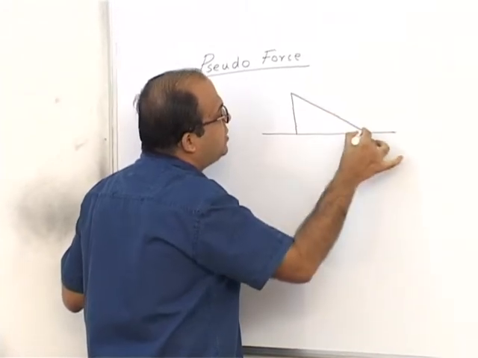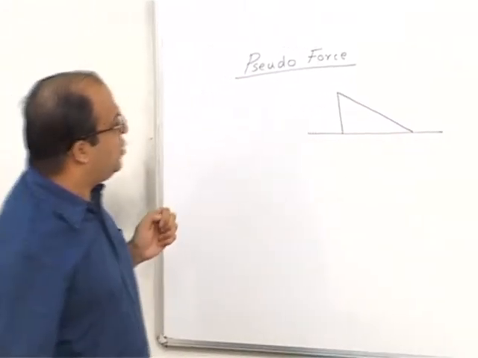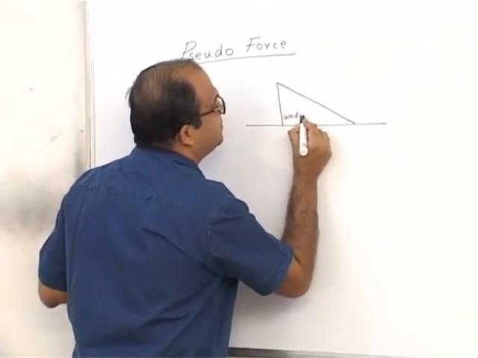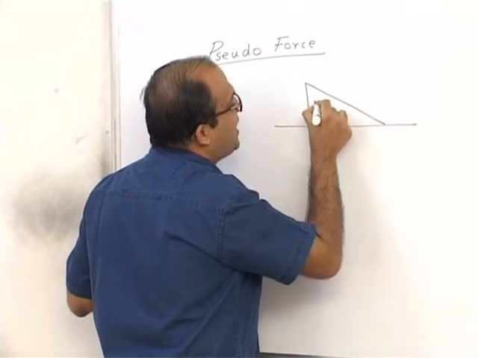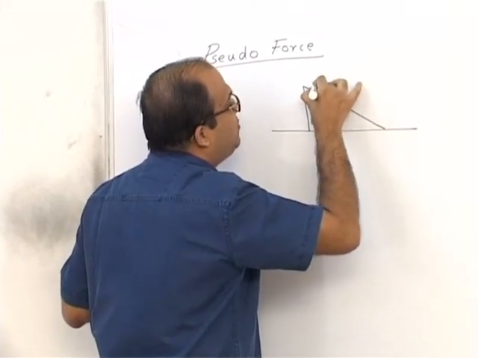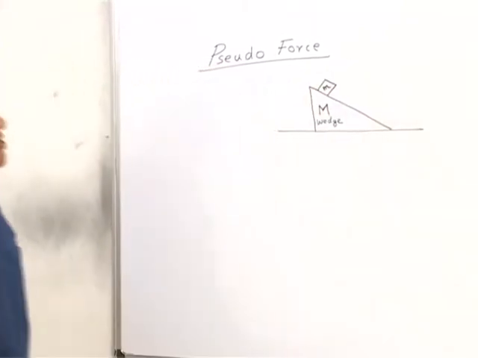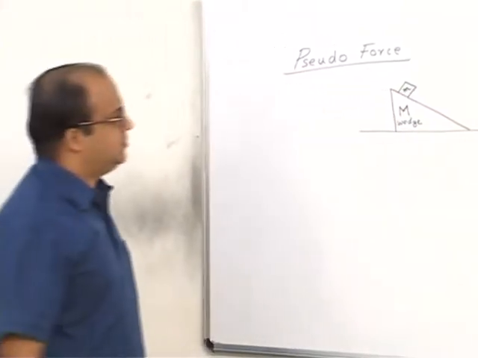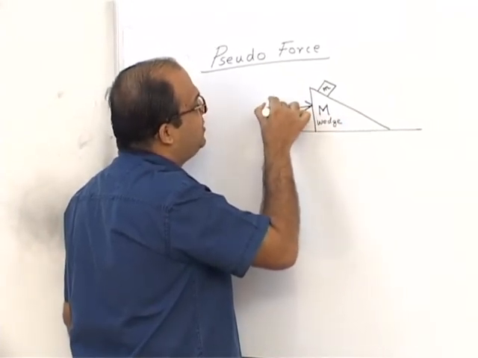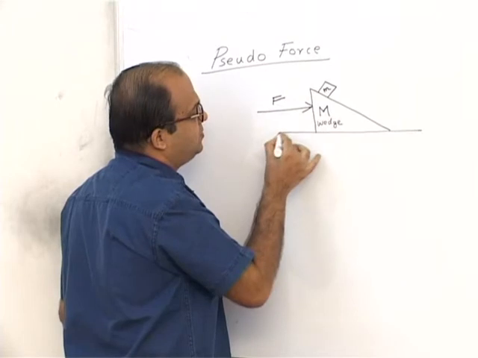We have got a triangular shaped block. This is called a wedge, of mass capital M. A small rectangular block of mass small m is resting on this block. We are applying a force capital F on this block.